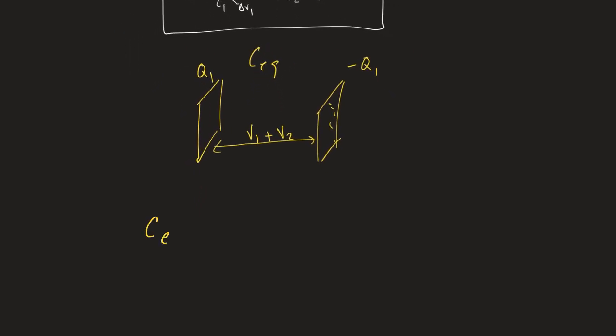So C equivalent will be the capacitor that has the charge Q1 when the two plates are at the potential delta V1 plus delta V2.